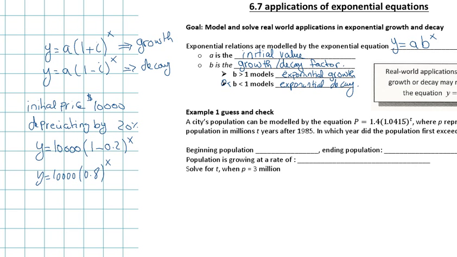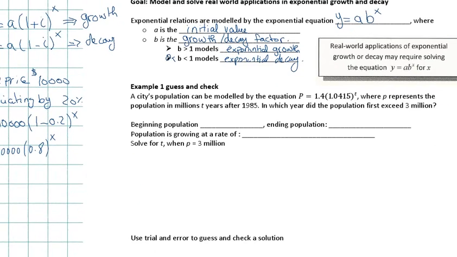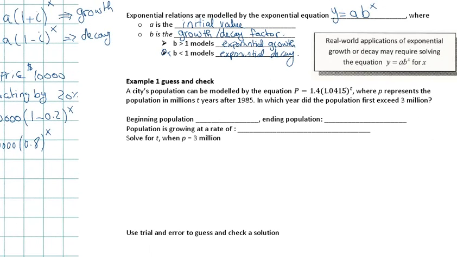So, let's read the first question. A city is modeled by the equation P equals 1.4 times 1.0415 to the power of T, where P represents the population in millions T years after 1985. In which year did the population first exceed 3 million? So there would be an increase.